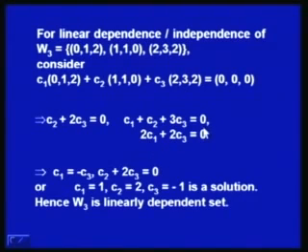The solution is C1 = -C3 and C2 + 2C3 = 0, and this means C1 = 1, C2 = 2, C3 = -1 is a solution, and that means W3 is a linearly dependent set. So these two are linearly independent, but when we add this, it becomes a linearly dependent set. So this cannot form a basis, so I drop this.